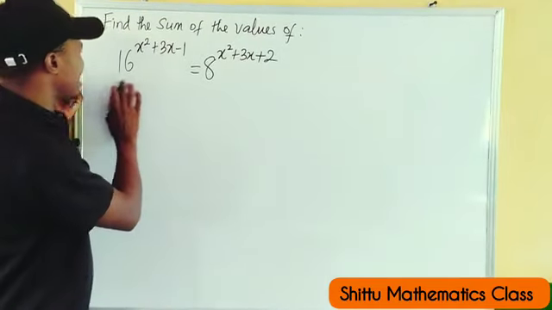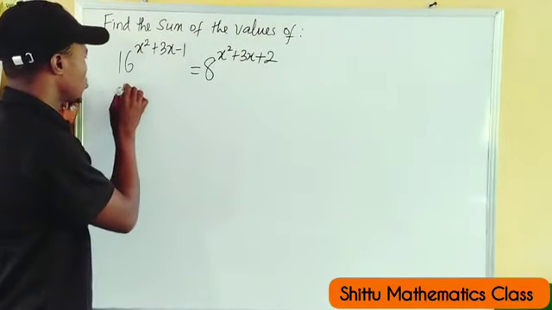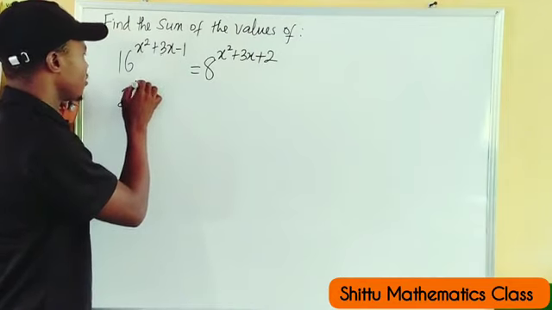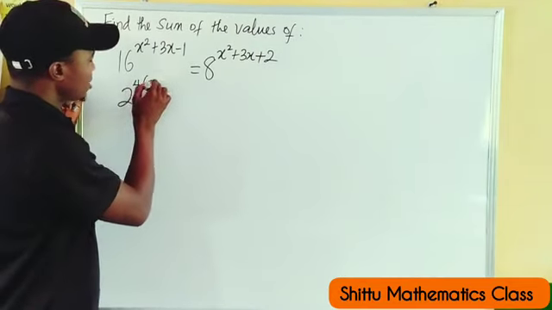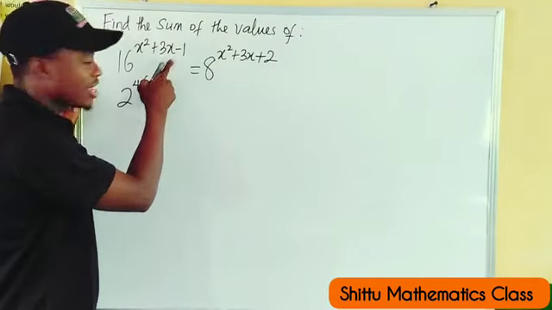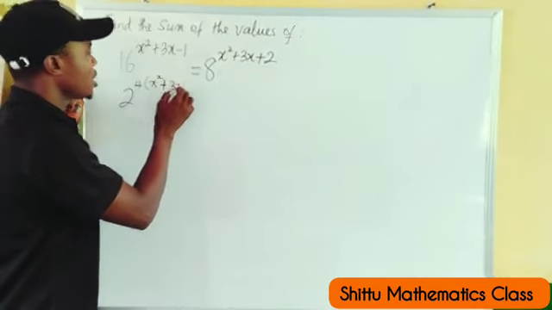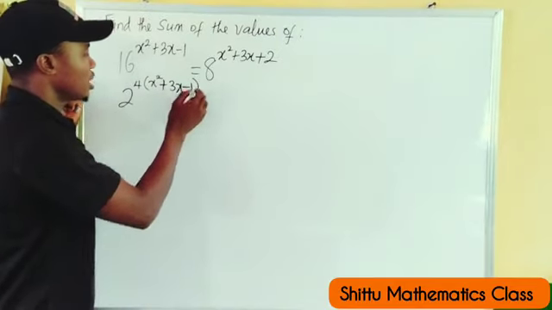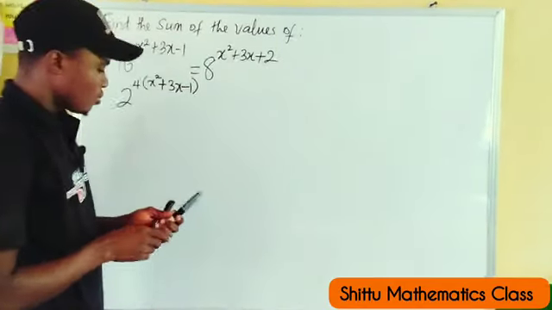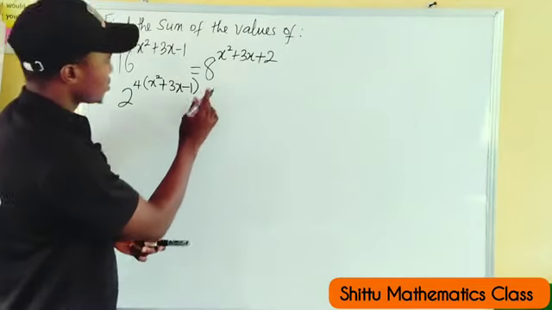Now what are we going to have? We can write this 16 as 2 to the power 4. Then to the power, because this is also a power here, we have x squared plus 3x minus 1. Now we do the same thing here.